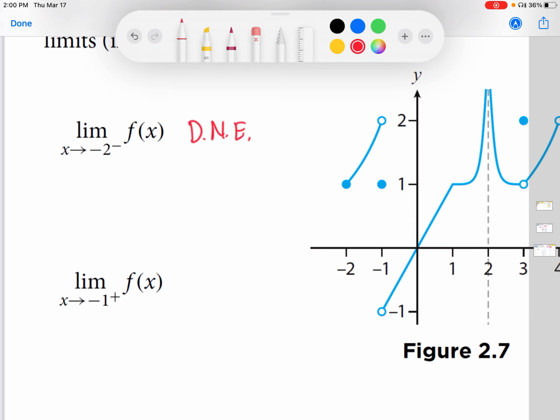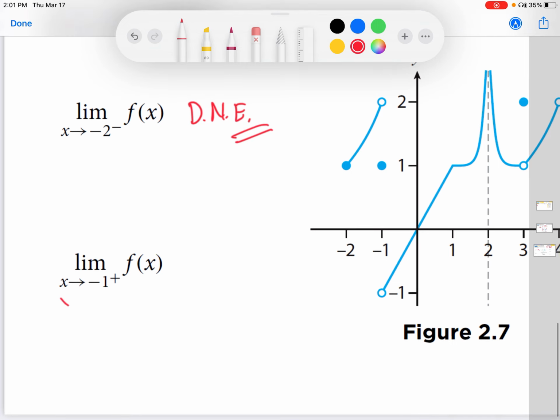If there were another category that calculus instructors use, I might propose something like there's just not enough information given to us to investigate this limit, because that's exactly what's happening here. I don't know what the graph is to the left of -2, so I cannot assess what the y values tend to as x approaches -2 from the left. But I'm still going to just refer to it as DNE, does not exist.